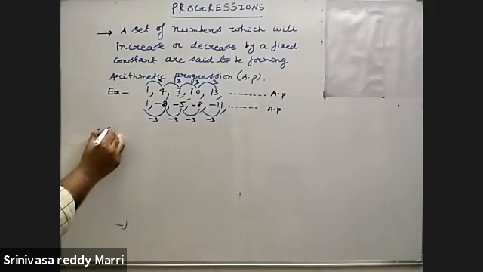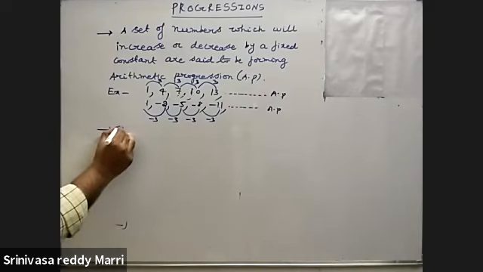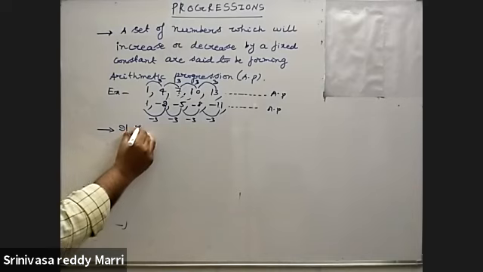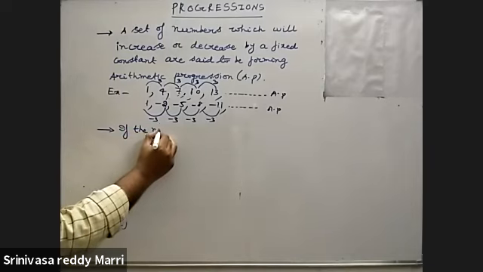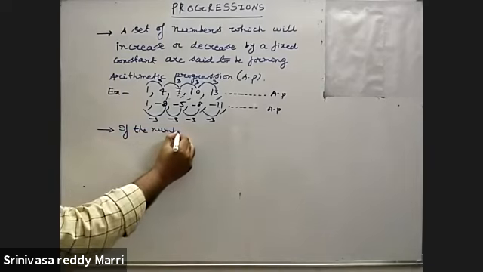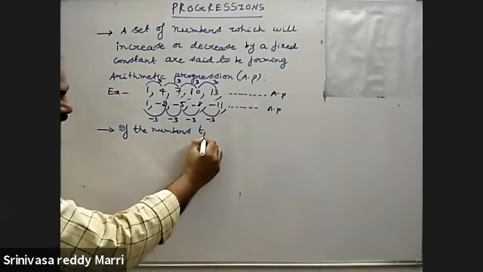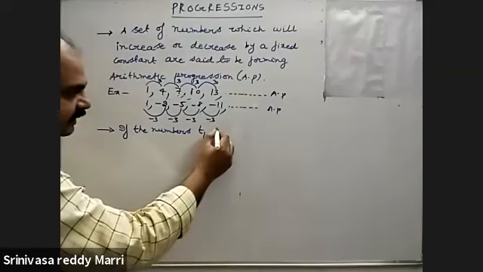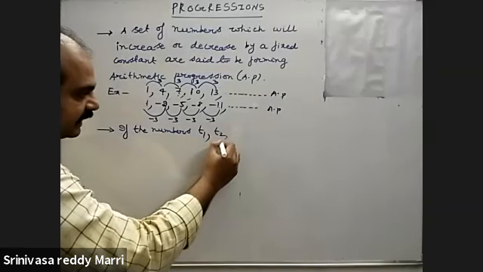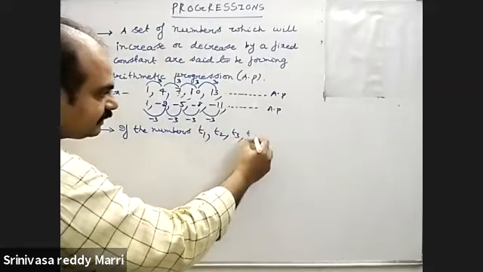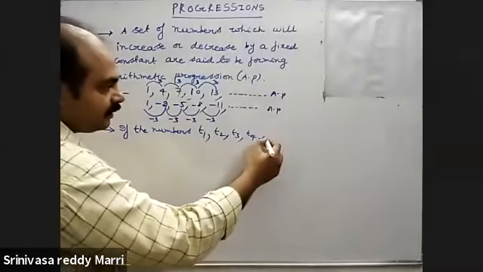Look at, we can say that if the numbers, let us take like this. This is the first number, this is the second number, this is the third number, fourth number, and so on.